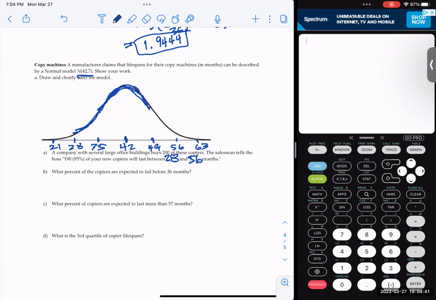What percent of the copiers are expected to fail before 36 months? We could do this without it telling us specifically 95%.